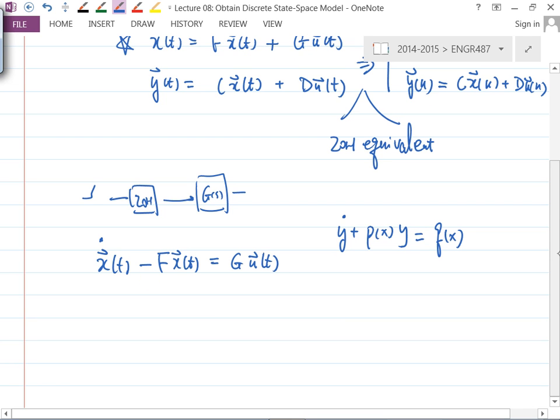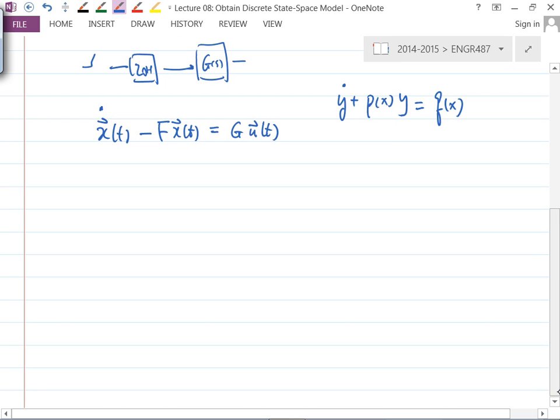So I want you to compare these two here, even though this is a vector format and this is a matrix. But in general format, this is also first order.